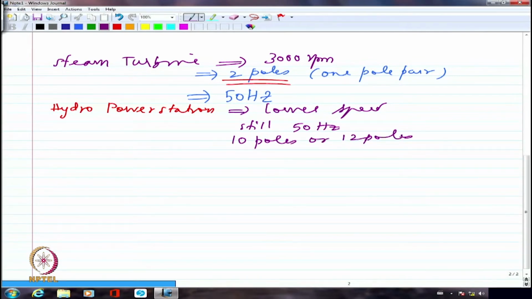Larger number of poles are normally seen in hydro alternators, right? So whenever I am talking about smaller number of poles, that means I am talking about higher speed.